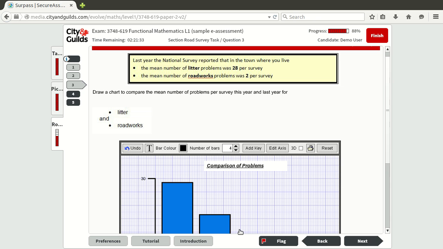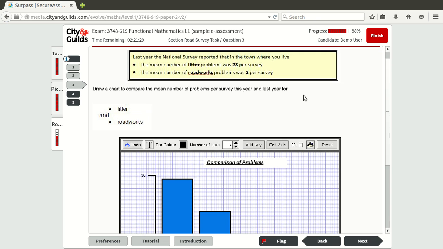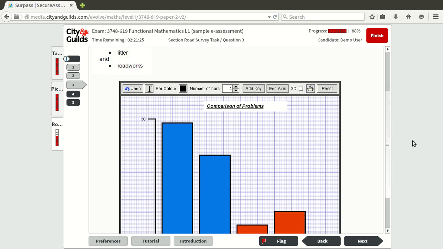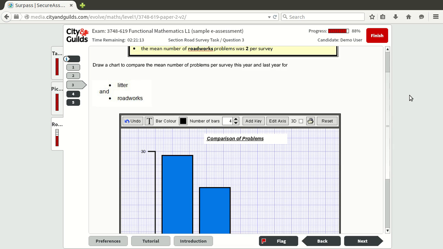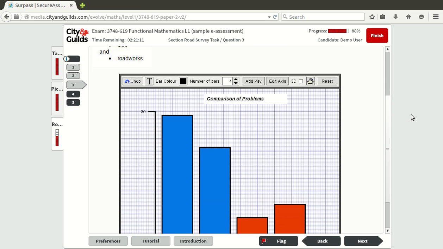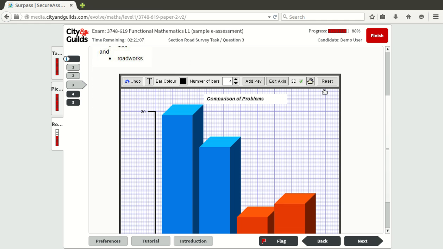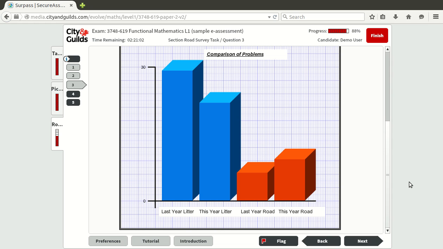So that is our number for the litter, 21, and this number for last year's roadworks is indicated here, and this is our mean score for roadworks, which was 4. So this is how you would do your charts, and you can even make it a bit fancy by pressing the 3D, like so, and that's it. That's your chart.